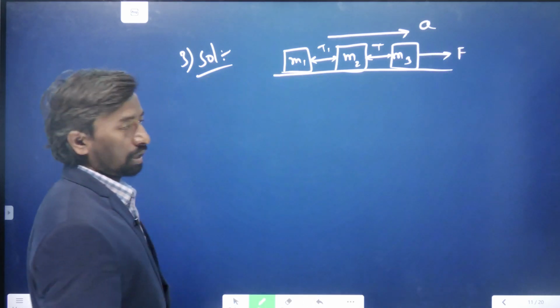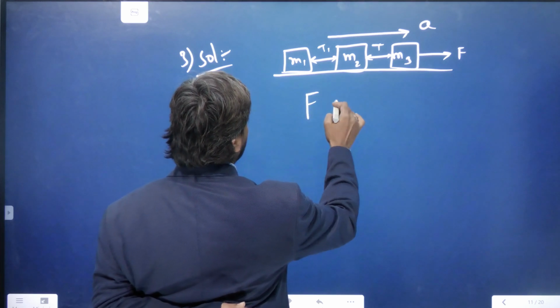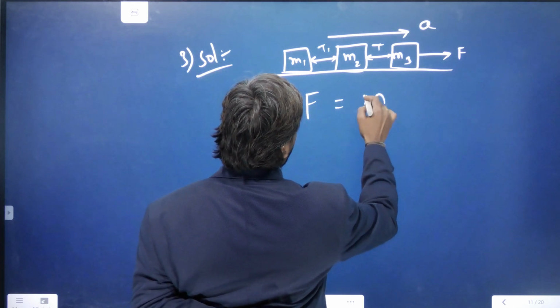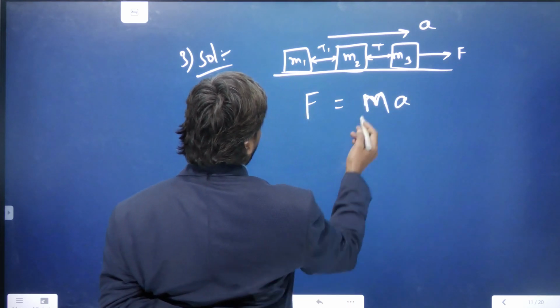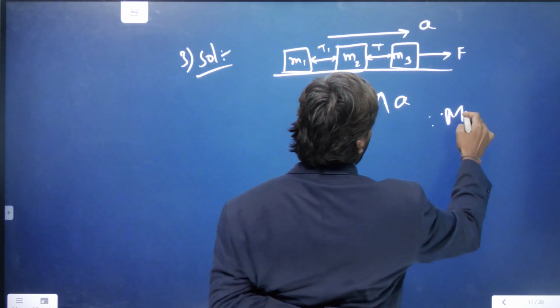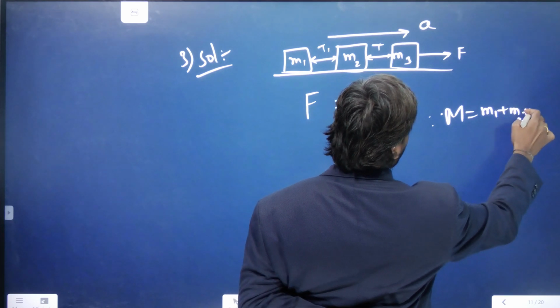Okay. So generally from the second law, what can we write there? Force is nothing but mass times acceleration, the total mass. We can write F = MA, where capital M is the sum of the three masses, M1 plus M2 plus M3.